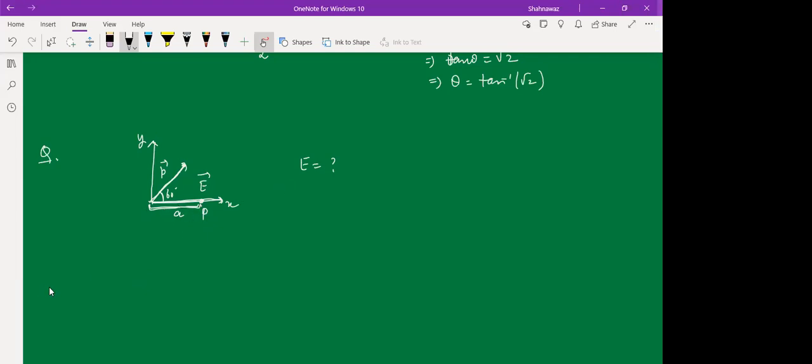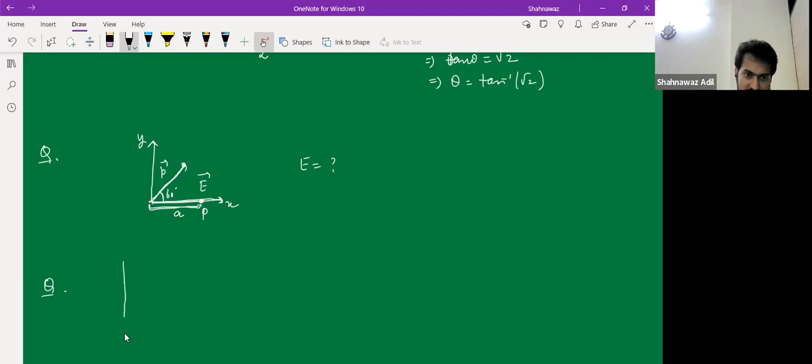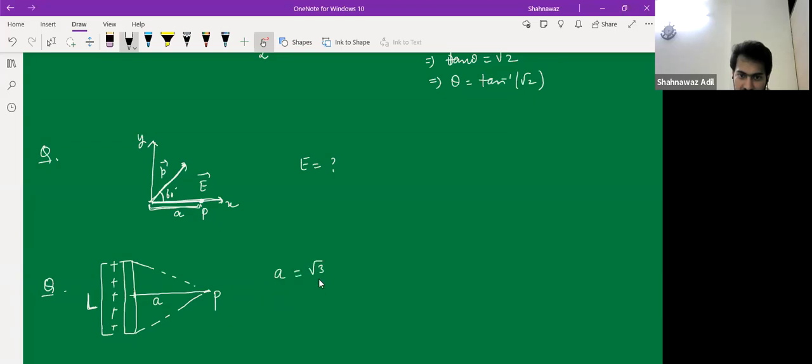The second question is a simple one. You have this line charge density, and its length is L. You have this perpendicular bisector, and you have to calculate the electric field at this point, which is at a distance A from this line, where A is root 3 L by 2.